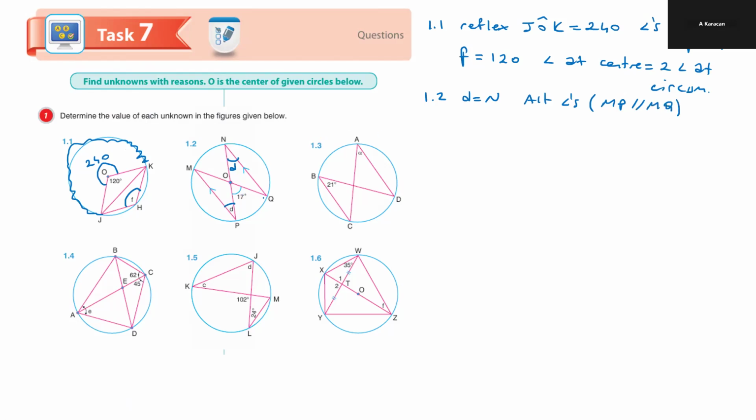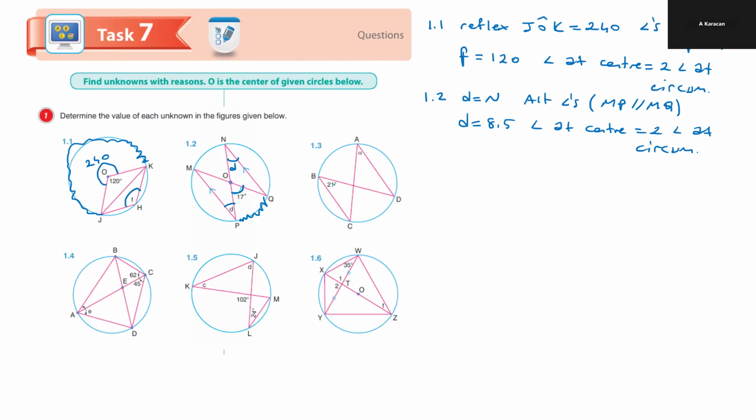And then D is subtended by PQ. So 17 is also subtended by the same arc, but 17 is at the center. Therefore, D will be half of 17, which is 8.5. Reason is angle at center is equal to 2 times angle at circumference.